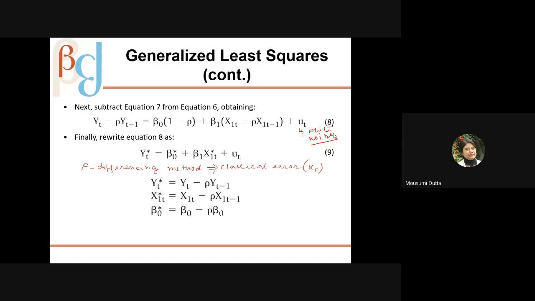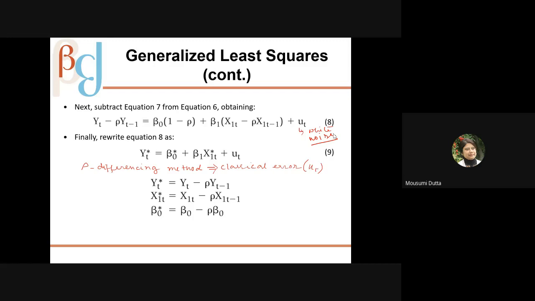Okay, so finally equation 8 can be presented as yt star is equal to beta naught star plus, remember, rho is a constant. The correlation between error terms is a constant. So I can rewrite beta naught into 1 minus rho as another value, beta naught star.